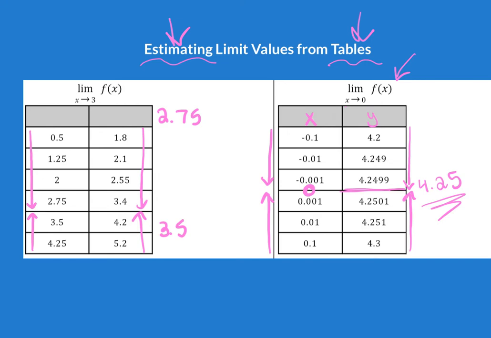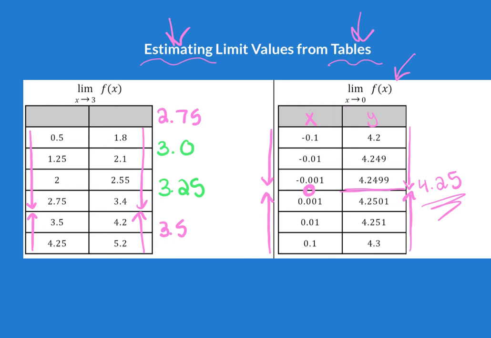I'm going to kind of try to zoom into this table a little bit. So 2.75 to 3.5, if I just kind of estimate my x values going up by 0.25, so I'm going to look at, there's 3, and here's 3.25, and then 3.5.